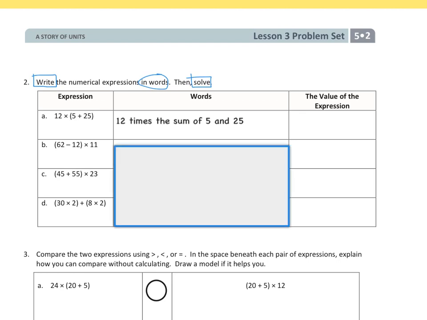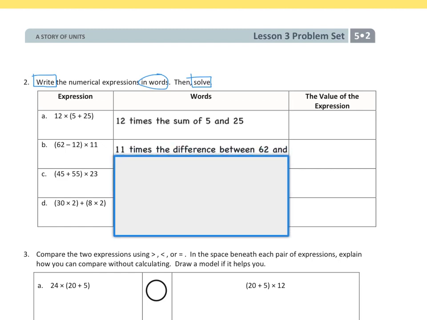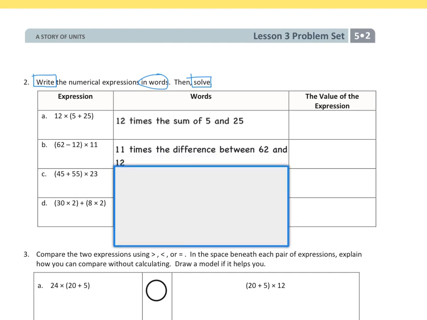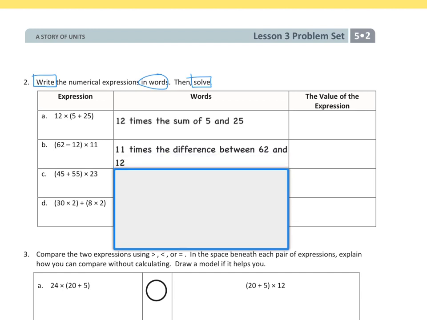Now 2b, we're doing the difference between 62 and 12, 11 times. So our numerical expression can be stated in words as 11 times the difference between 62 and 12.